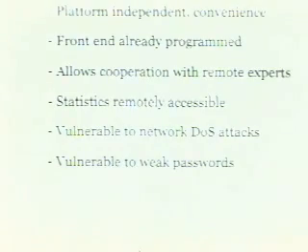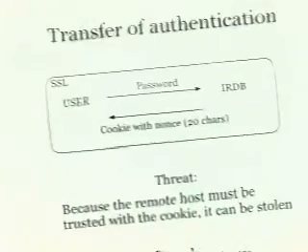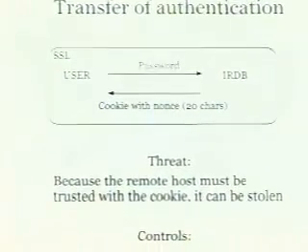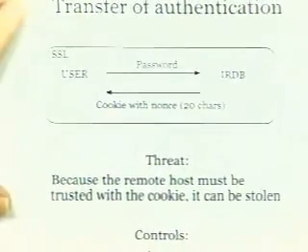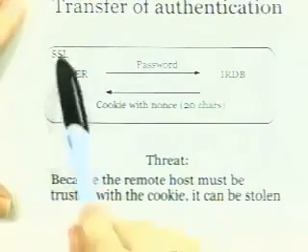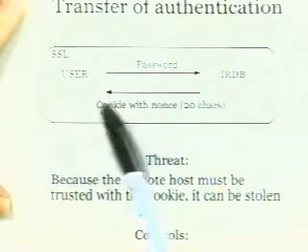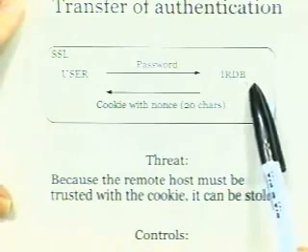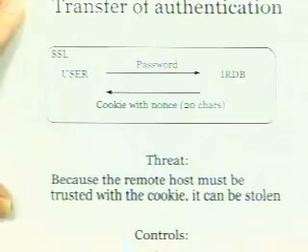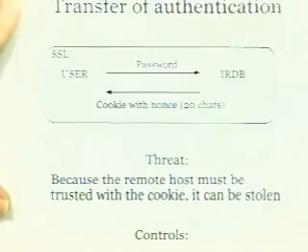So if you use weak passwords, then if someone can guess them, you're vulnerable. The way it works basically is that through SSL, a user would give his password to the incident response database and then would get in return a cookie with a random number that we call a nonce, with 20 random characters.